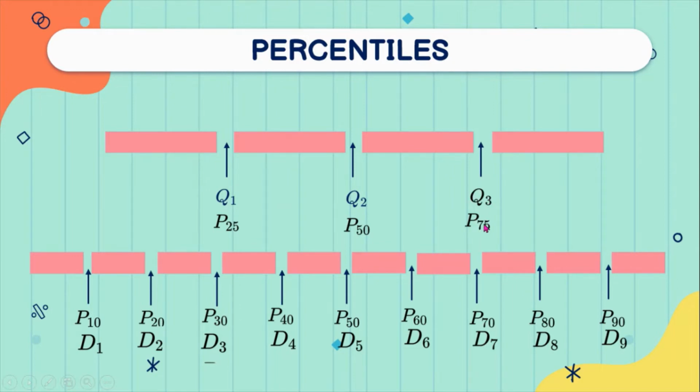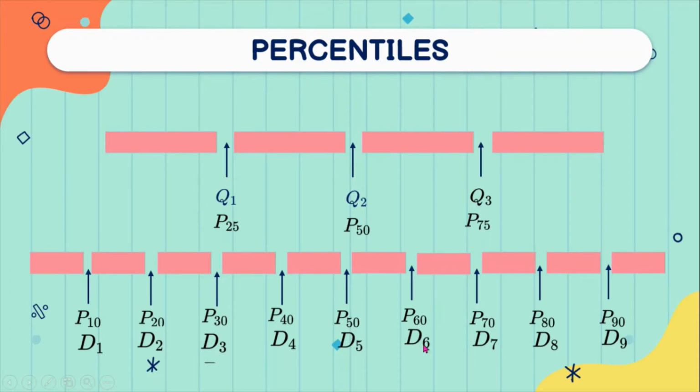Likewise, D sub 1, or the first decile, is the 10th percentile. The second decile is the 20th percentile. Third decile is the 30th percentile. Fourth decile is the 40th percentile. Fifth decile is the 50th percentile, or the median.